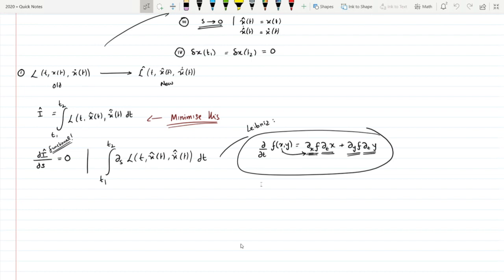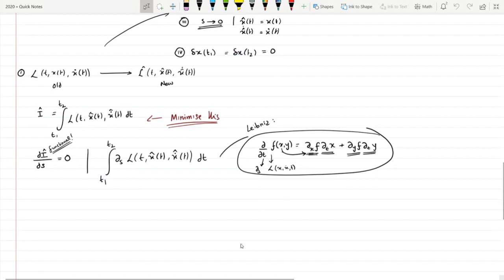So can everyone see? It's the same thing here. We're just going to replace f of x, y with the Lagrangian, which now has x hat, x hat dot, and t. And instead of the derivative with respect to time, we're taking the derivative with respect to s. Let's write it out here. The first input into this function, t, does not depend on s at all. So you can throw that out.